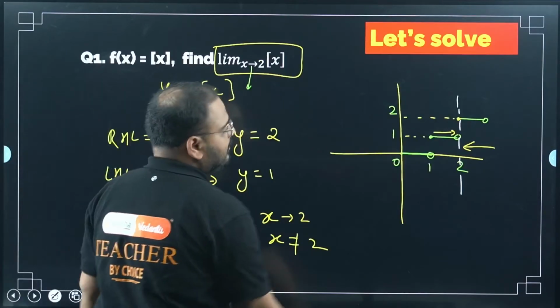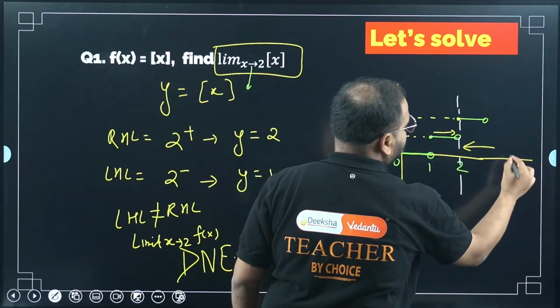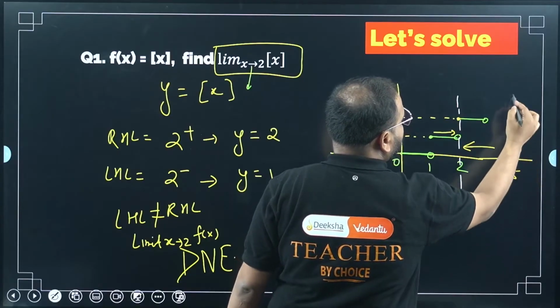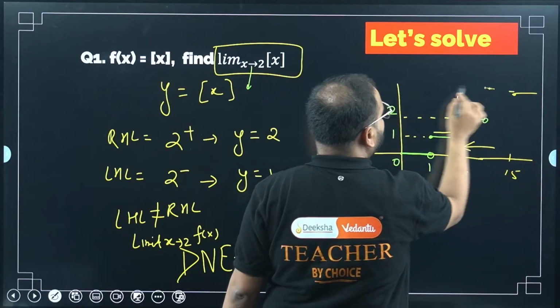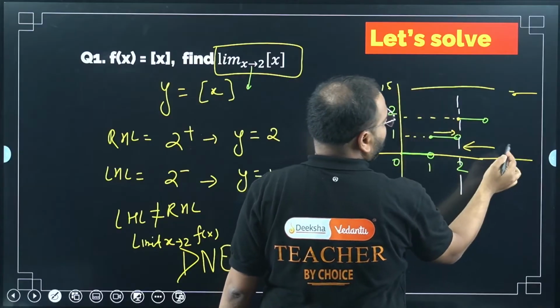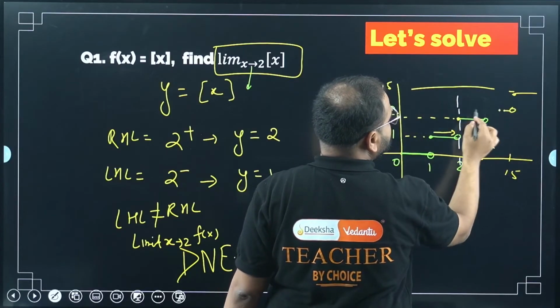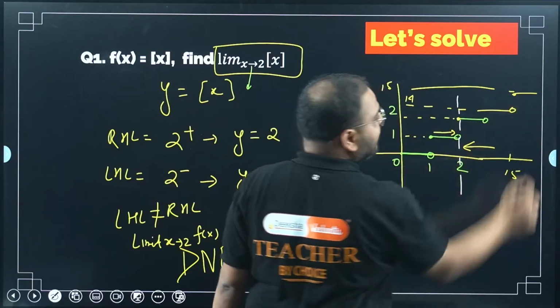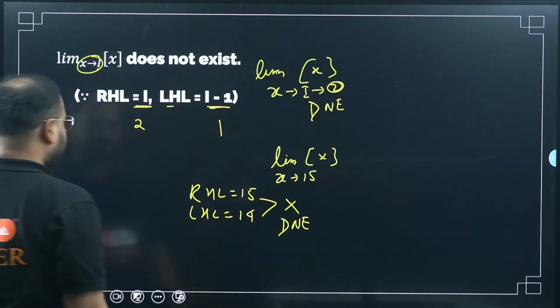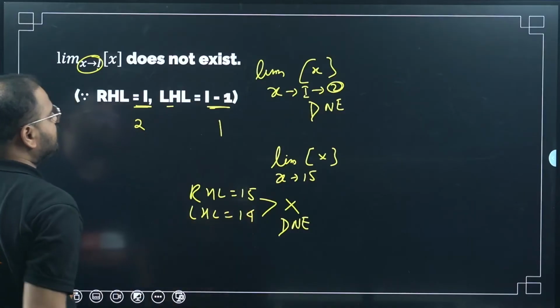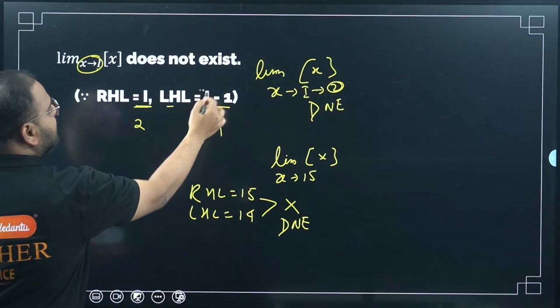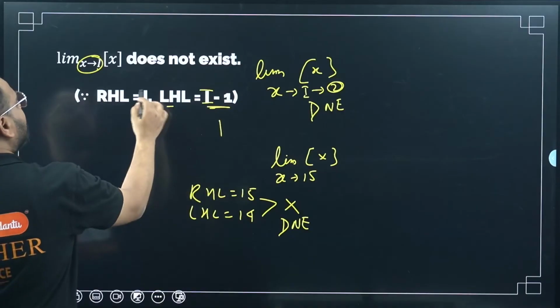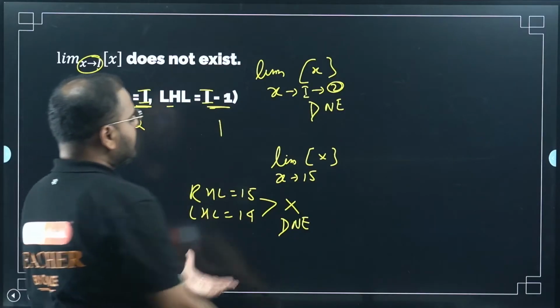If I have a point at 15, there will be a point over here like this, and over here I'll have a point like this, which will be 14. So on the left side I'll get 14 and on the right I'll get 15. Left is 14, right is 15. So always the left will be I minus 1 and the RHL will always be simply I. So it does not exist.